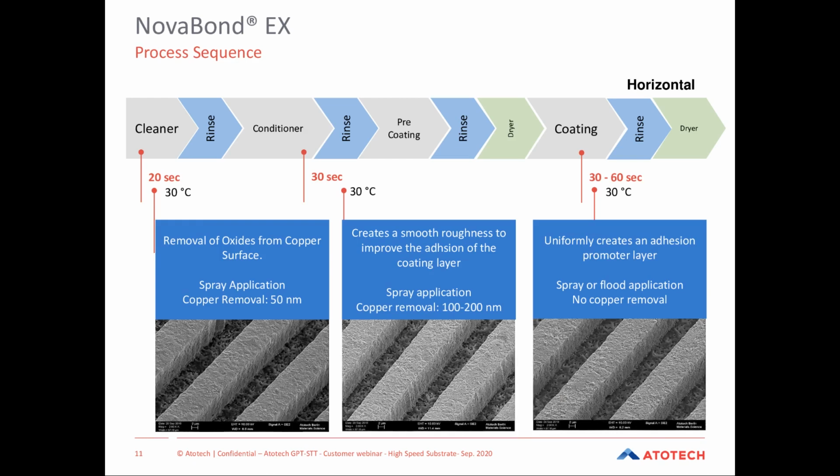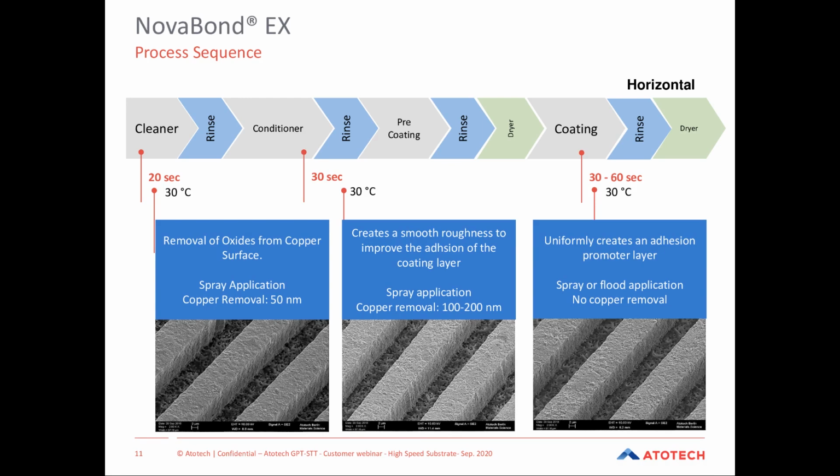We start with cleaning the surface, because before the samples go to our NovaBond EX process, we need to make sure the surface is clean. Here we have one cleaner, which is only an acidic cleaner. Its purpose is only the removal of copper oxide, to make sure it is clean enough to go to our NovaBond EX process.